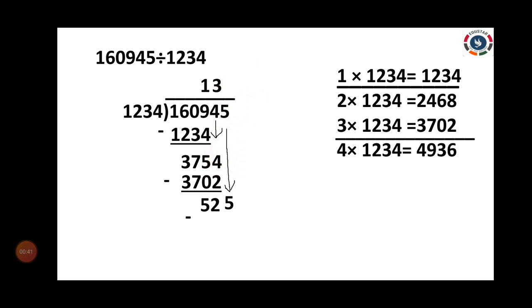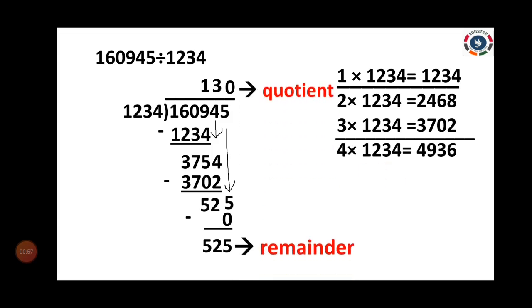So we write 0 at the top and 0 at the bottom also. Again you subtract the two values. You are getting the remainder 525. So 130 is the quotient and 525 is the remainder. So this is the answer.